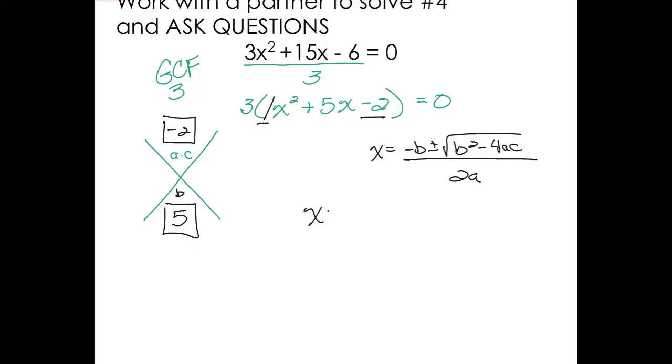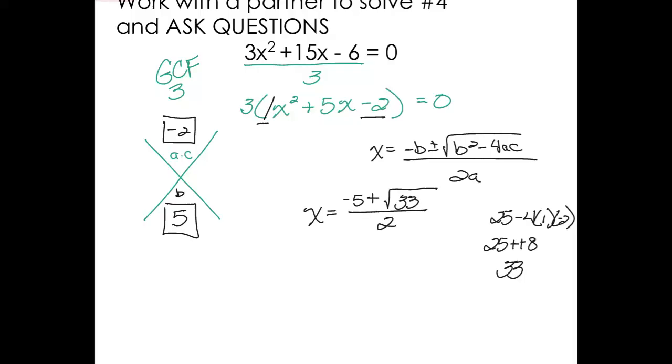So x is equal to opposite of b, which is going to be negative 5, plus the square root of b squared, which is 25, minus 4 times a times c, which is negative 2. That is 25 minus negative 8, which gives you the square root of 33, all divided by 2.